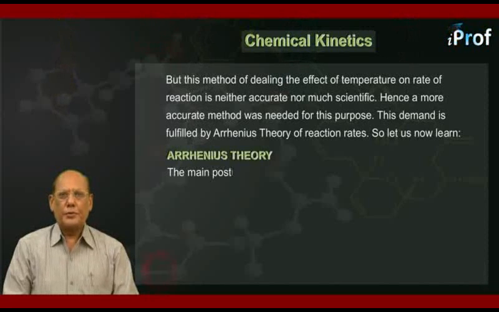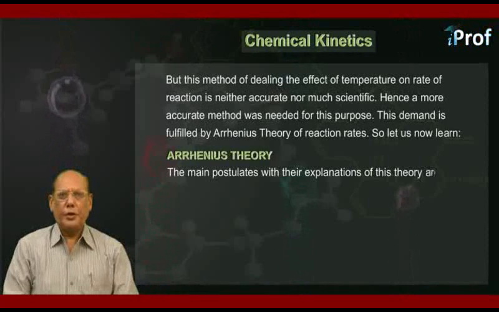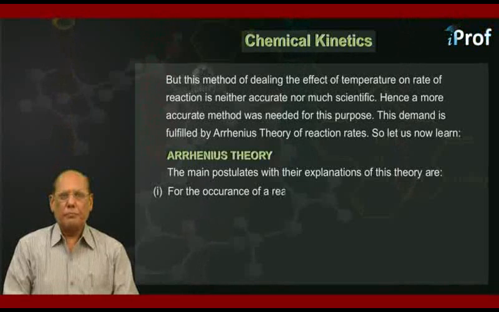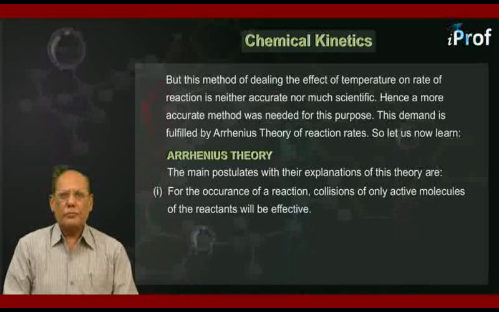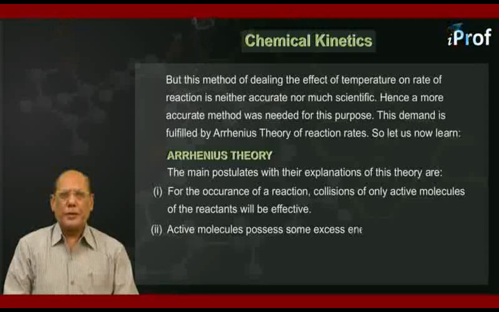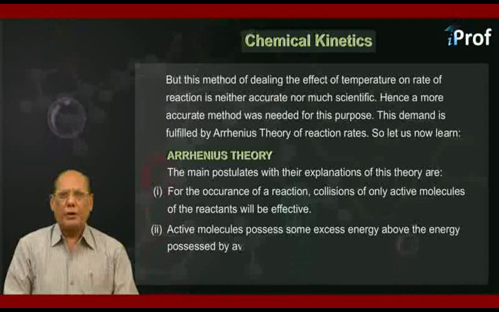The main postulates with their explanations of this theory are: number one, for the occurrence of a reaction, collisions of only active molecules of the reactants will be effective. Second, active molecules possess some excess energy above the energy possessed by average molecules.